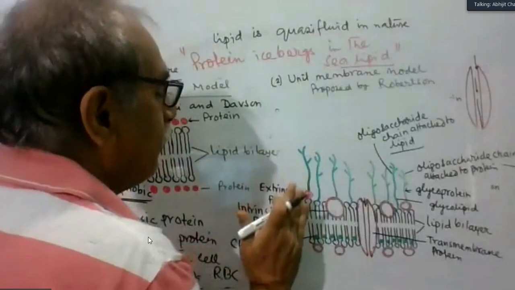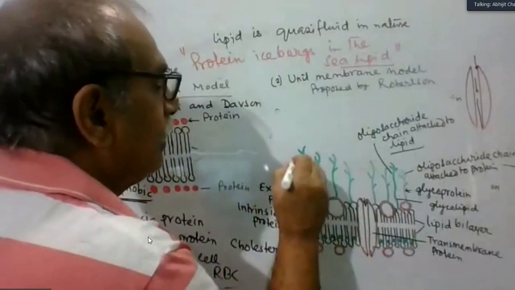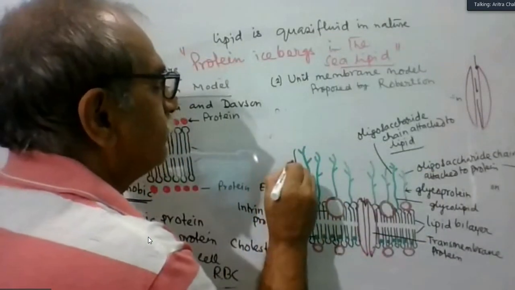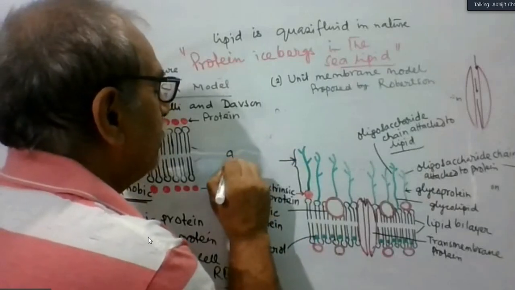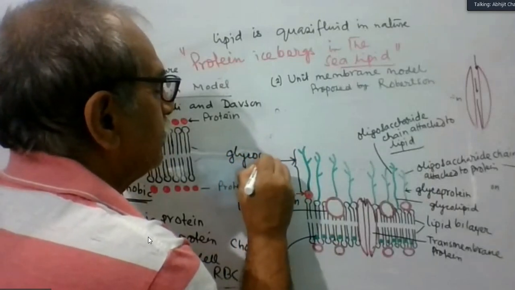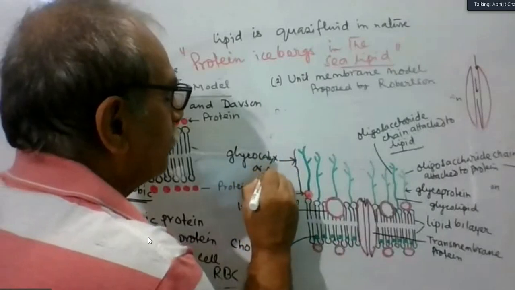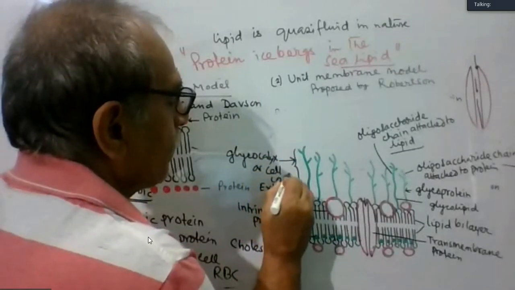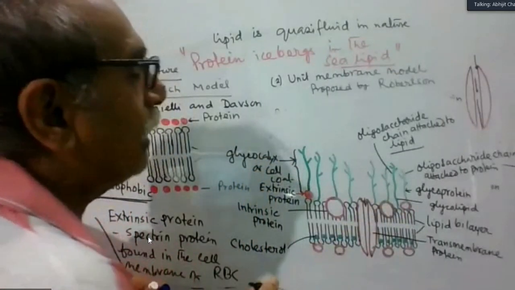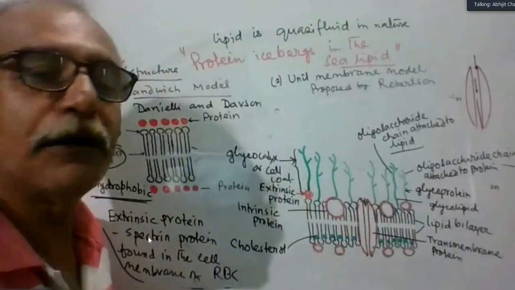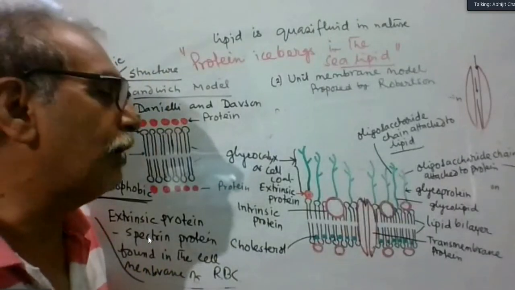So what does it form actually then? They form the glycocalyx or cell coat outer to the cell membrane.